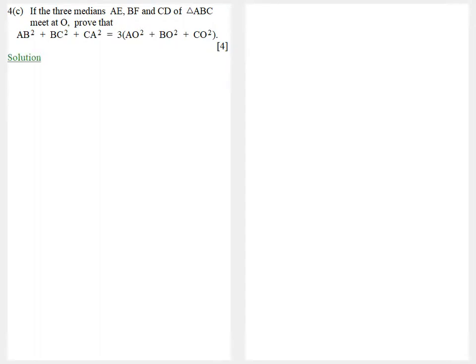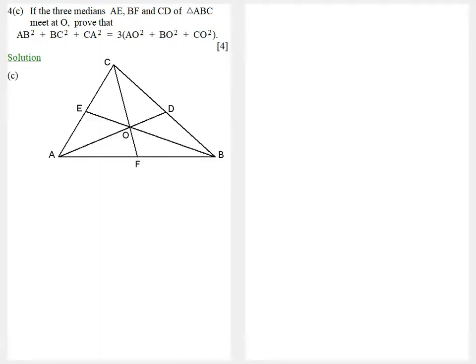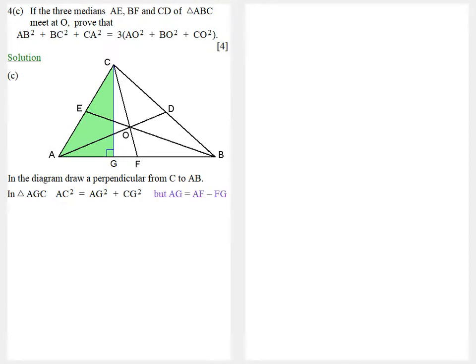Well, to solve this, we need to draw a diagram. In the diagram, draw a perpendicular from C to AB. In triangle AGC, AC squared is equal to AG squared plus CG squared. But AG is equal to AF minus FG.